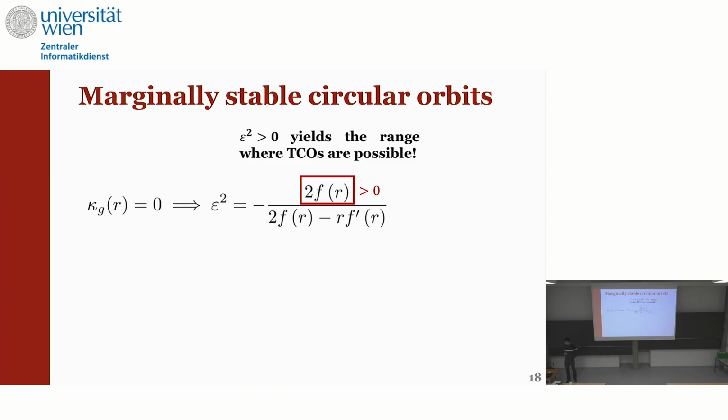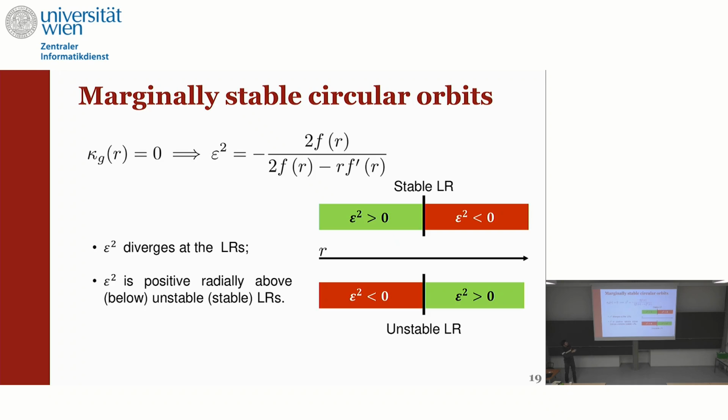The numerator will always be positive outside an event horizon, and this factor here will vanish at the light rings. So the light rings will separate regions where we have positive energy or negative energy.